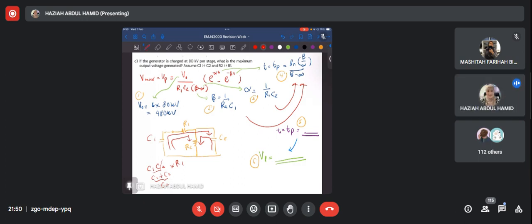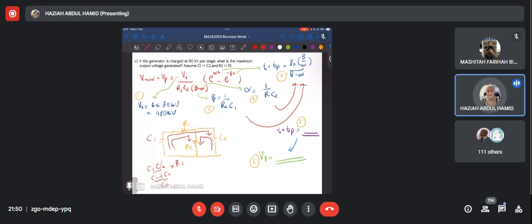Ya. You tahu tak macam mana dapat R1 C2 tadi untuk alpha dengan beta? Alpha kita dapat 1 over R1 C2 kan? Macam mana dapat R1 C2? I pun tak tahu.